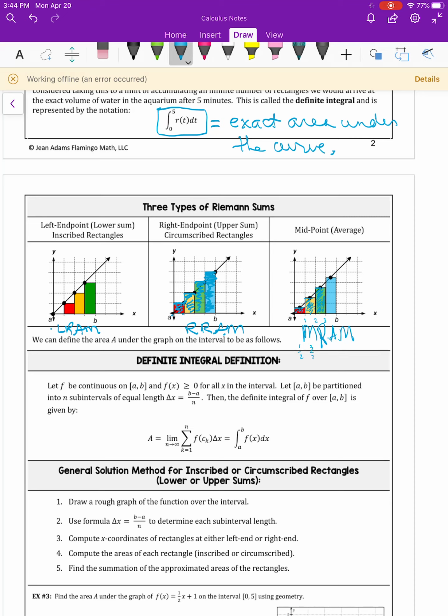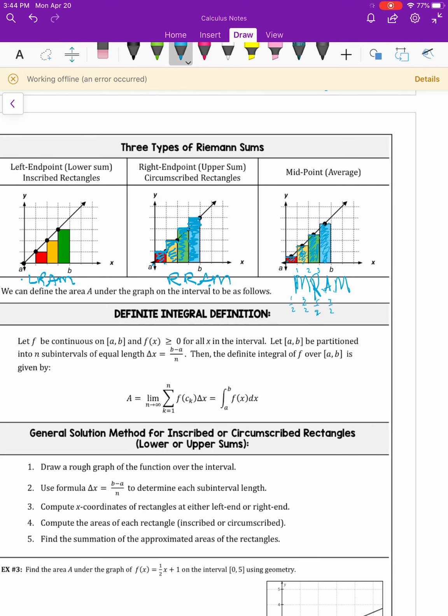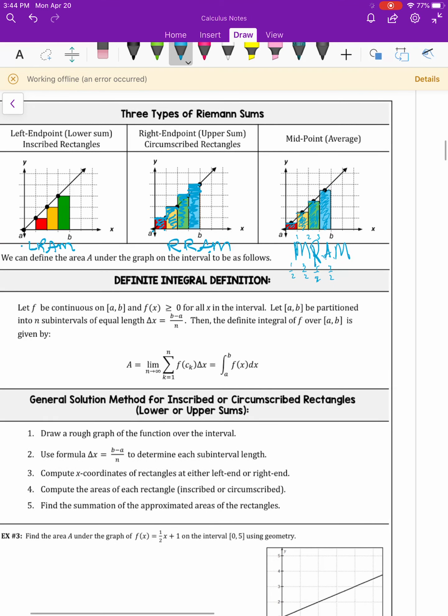This one is 5 halves. And so 2.5 would be, you'd find your function's value, go left and right to make your rectangle and calculate that one. And then this would be 7 halves. So with MRAM, it's 1/2, 3/2, 5/2, 7/2 for this one. So it does go with the pattern. Patterns are always in math. So take advantage of those patterns. They will help you.